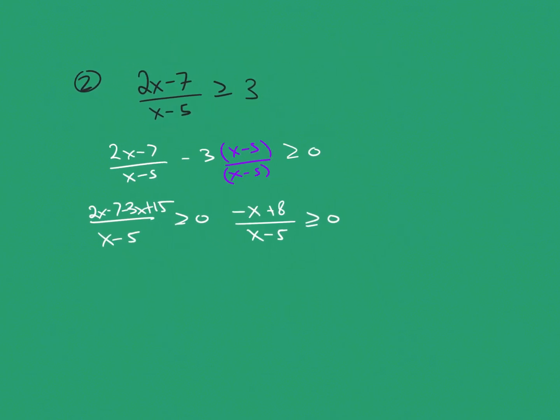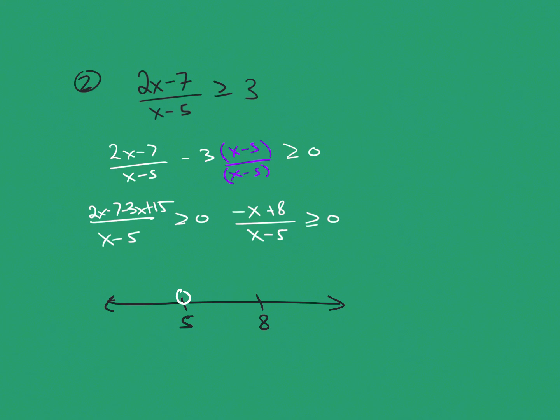So here, let's draw our number line. In this case, I'm going to put the value that makes the numerator 0, which is 8. And I'm going to put anything that makes the denominator 0. That's automatically going to be an open circle because it's undefined there.